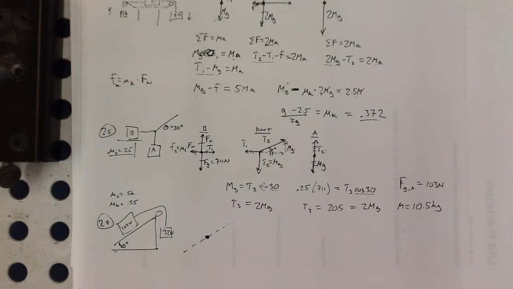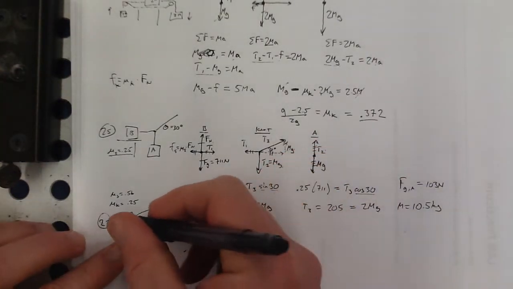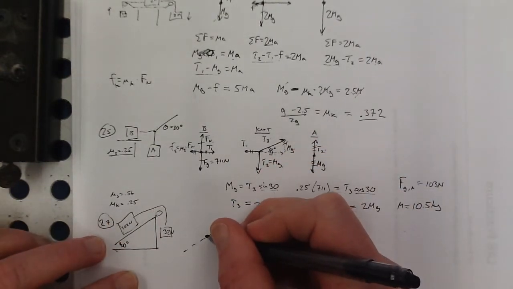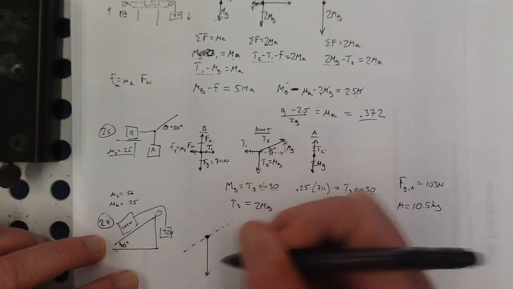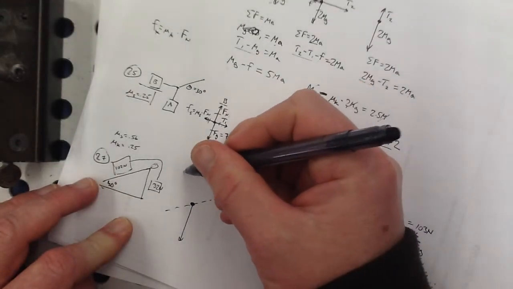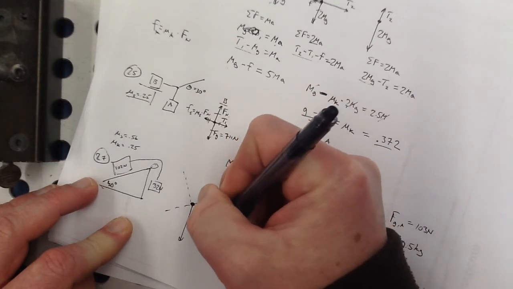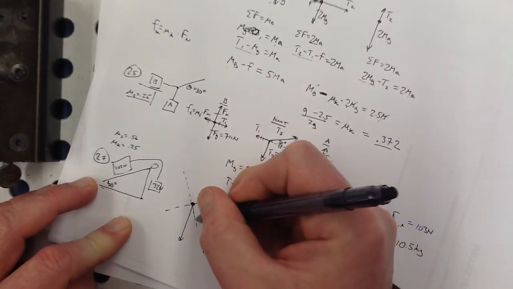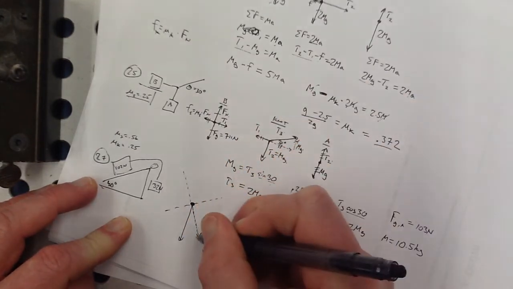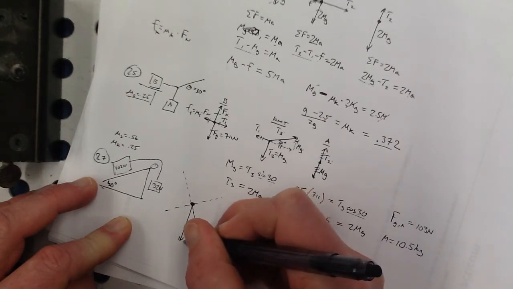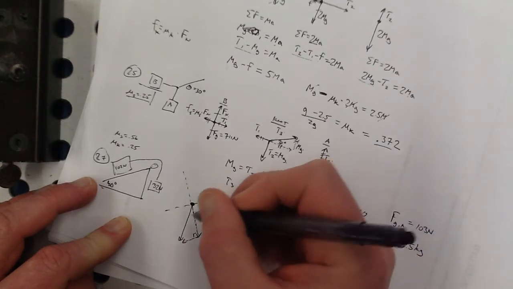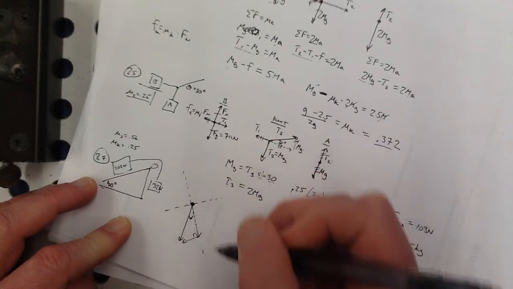Got one. Doesn't have that much of an eraser, which could be a problem, but we'll do our best here. So this is the block that's on the ramp. There's the gravitational force. Here's my other axis, and I'm going to break that up into its components. There's my 40-degree angle right there.